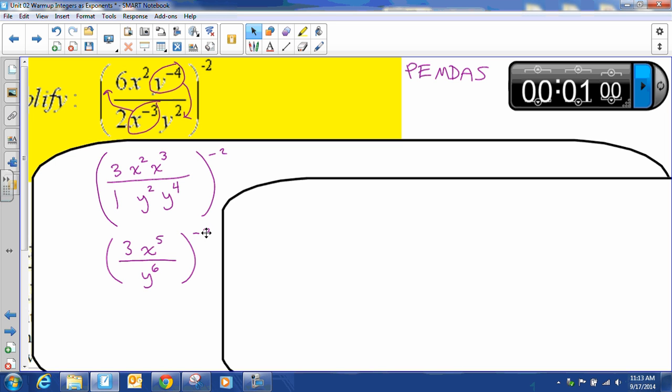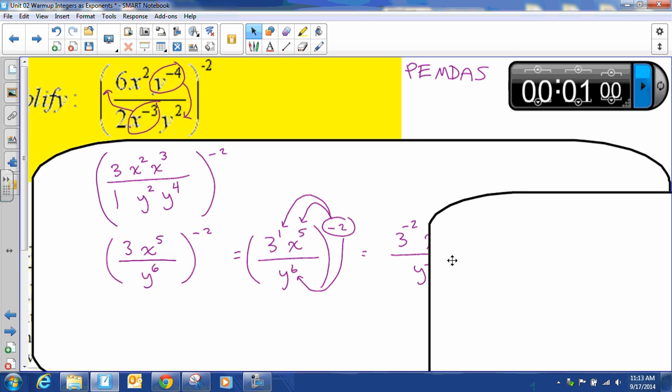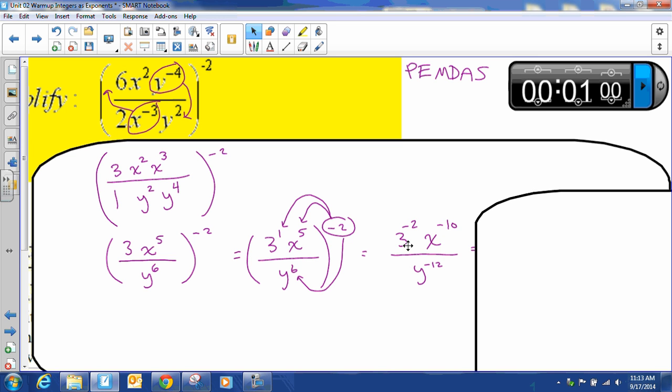So now let's handle the negative 2 power outside the parentheses. If you remember, we must distribute to each of the powers inside the parentheses. That means you need to write in the invisible 1 power of the 3. Once you distribute these, you end up with 3 to the negative 2nd power, x to the negative 10th power, all over y to the negative 12th power.